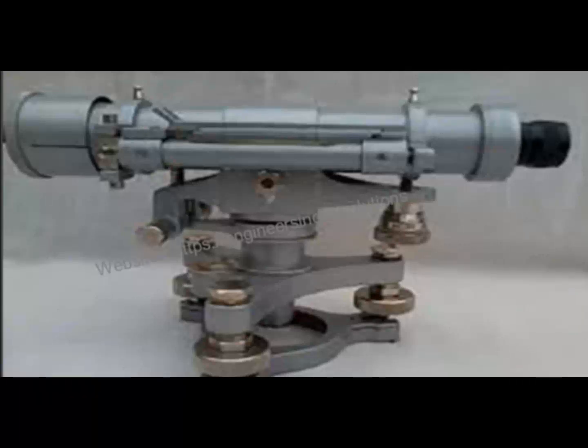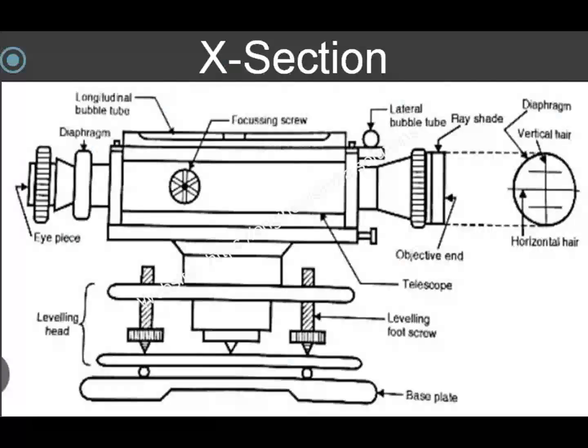In the external focusing instrument, normally this particular part used to move. So directly the focusing screw was attached to this part, and this particular length used to move forward and back. Here we have the cross section of a leveling instrument.